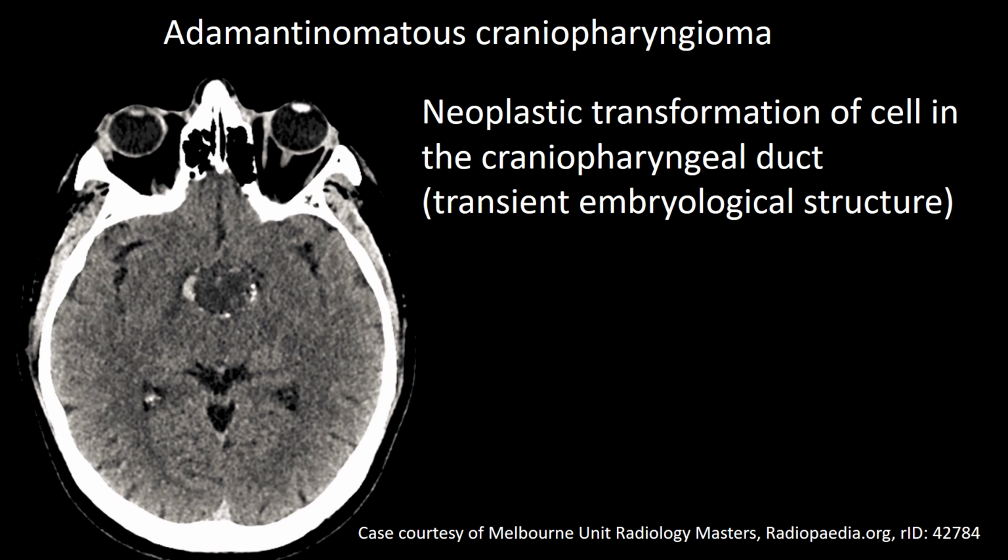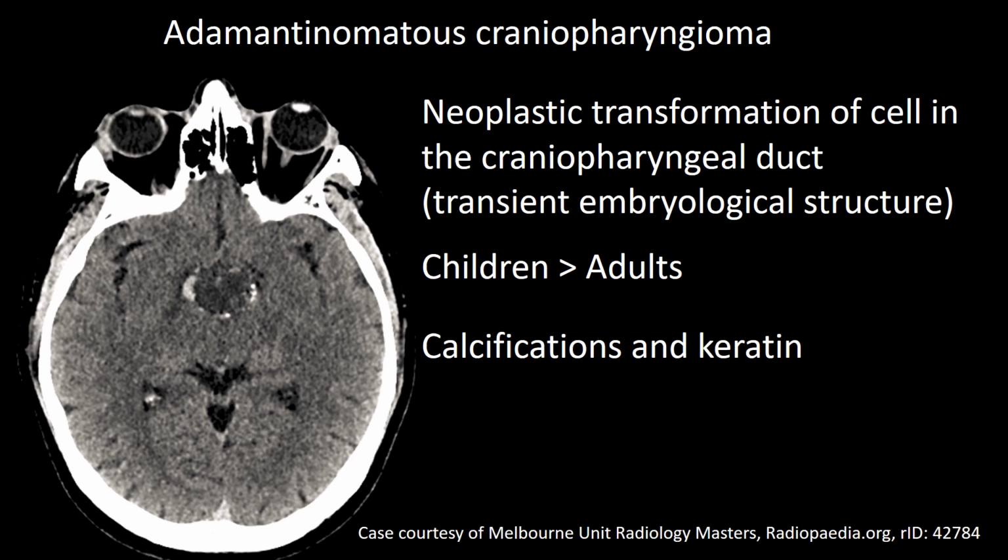The craniopharyngeal duct is a transient embryological structure that is no longer present at birth. This tumor is more common in children than in adults. This tumor is often cystic, and calcification and keratin are usually present in the tumor.